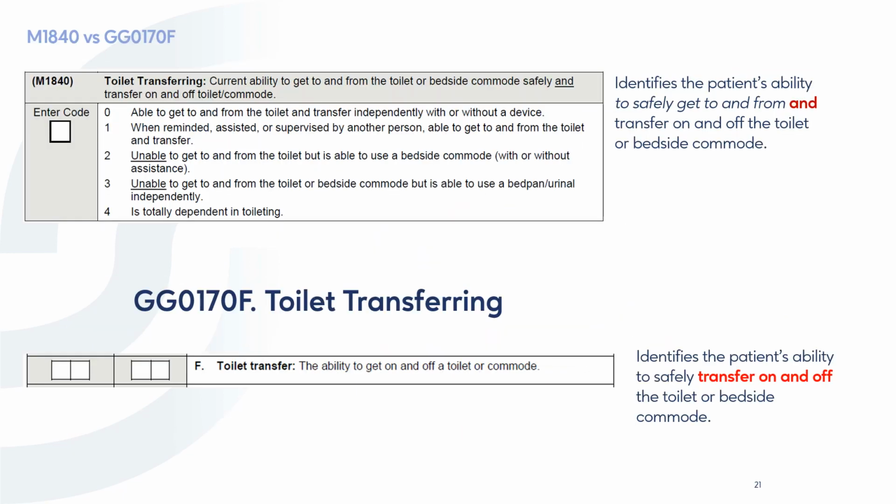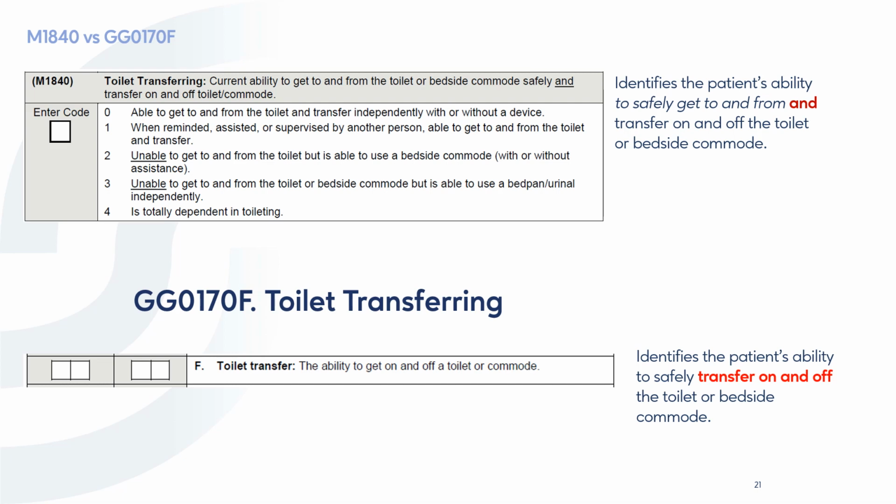Now let's look at M1840 and GG0170F. Both are labeled toilet transferring. So you would think they'd be a direct one-to-one. But let's remember, M1840, we also have to look at their ability to safely get to and from the toilet. And then once they get there, can they transfer on and off the toilet or the bedside commode?